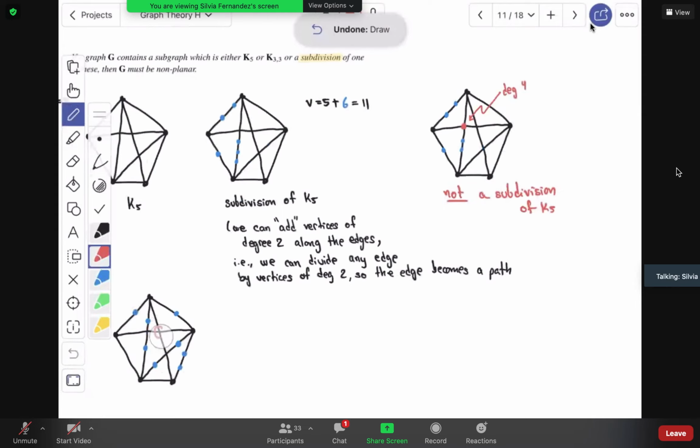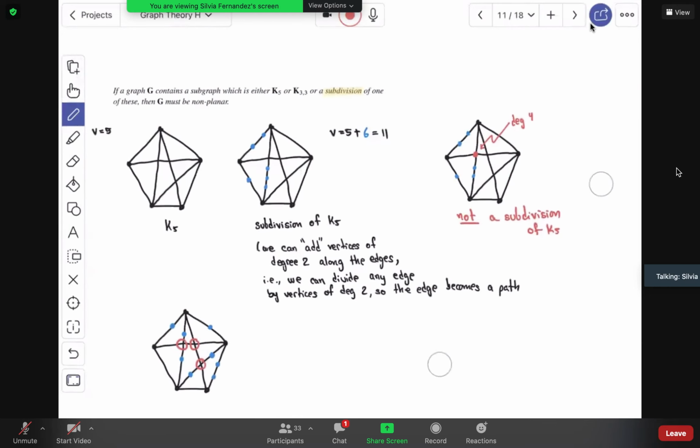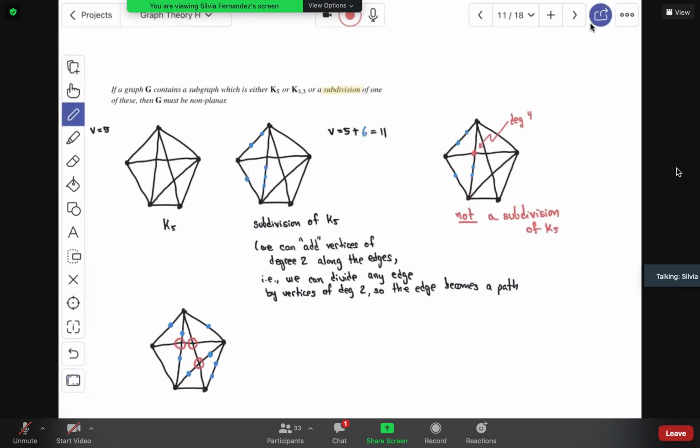So don't add those. Now, the degree sequence is another way to look at it. The degree sequence of K5 is 4, 4, 4, 4, 4. All of them have degree 4.